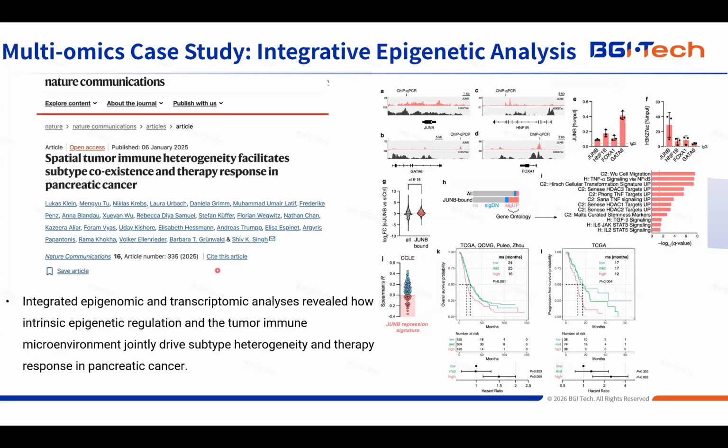So by integrated epigenomic and transcriptomic analysis, they revealed how intrinsic epigenetic regulation and the tumor immune microenvironment jointly drive subtype heterogeneity and therapy response in pancreatic cancer.